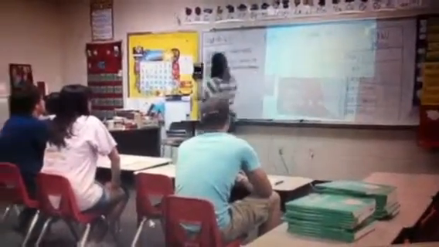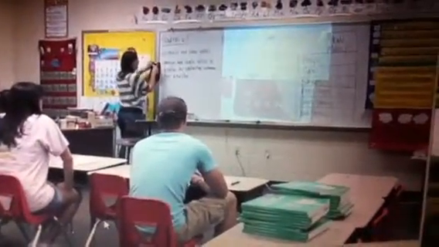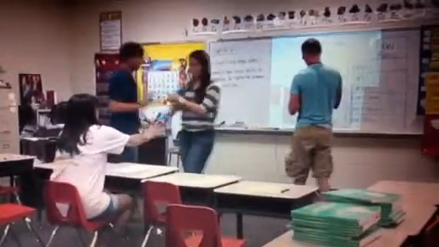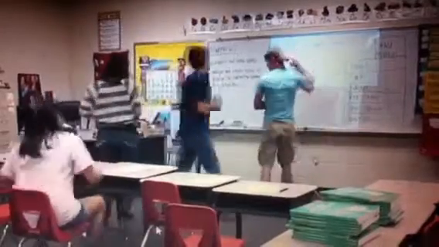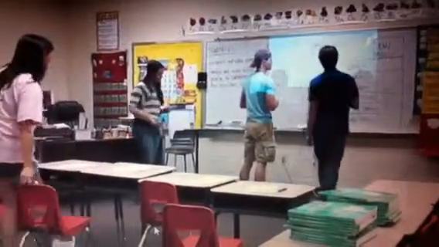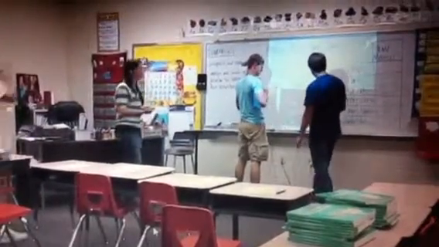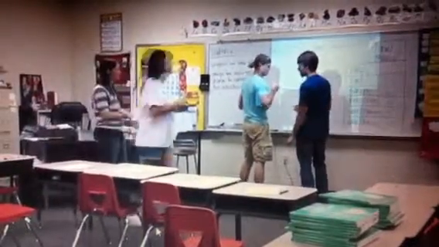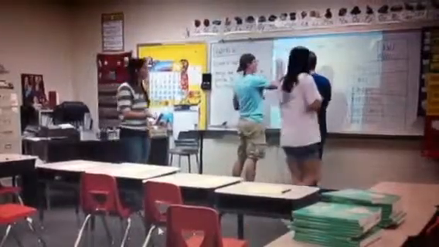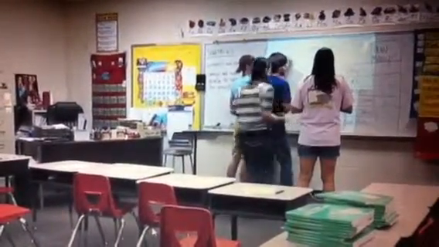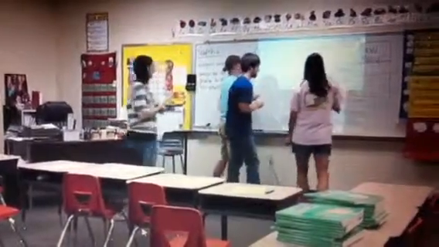Okay, if everybody wants to come grab a different color, then everybody can put their answers up here. Okay? Remember, all of our information was put right here in this chart, so you can get your numbers from there.